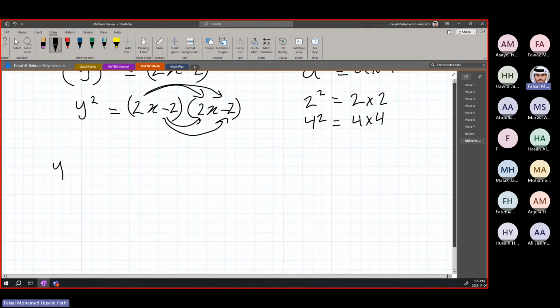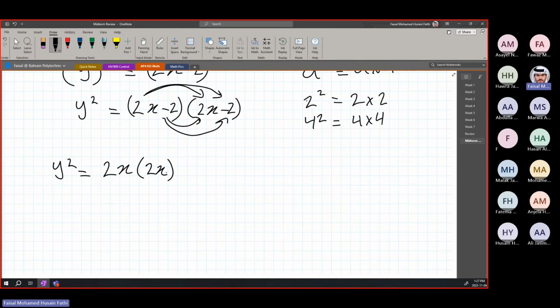So y squared is equal to 2x times 2x, distribution 1, plus 2x times minus 2, distribution 2, plus, now for the second value, which is minus 2, minus 2 times 2x, and minus 2 times minus 2. And that's it. And then you start solving this equation.